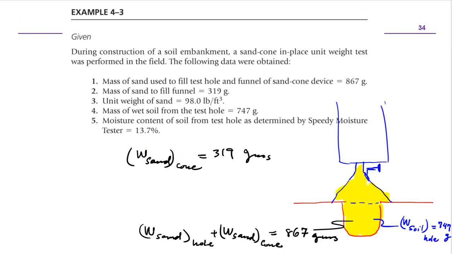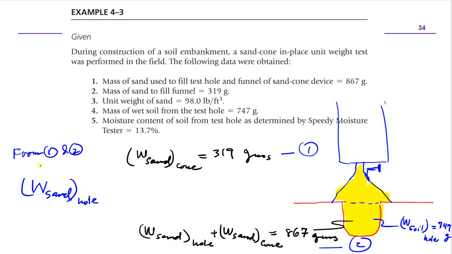So look here. The weight of sand inside the hole is going to be equal to, you have to subtract these two. So let me call this 1 and this 2. When you subtract 2 and 1, what are we going to get?